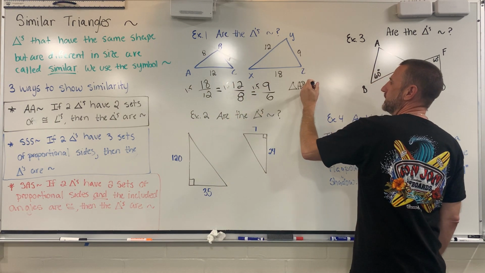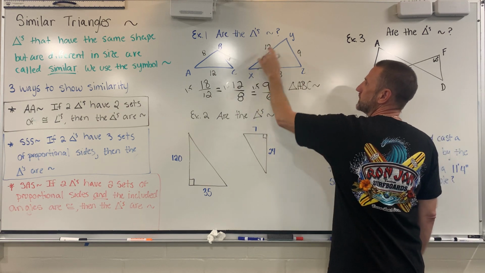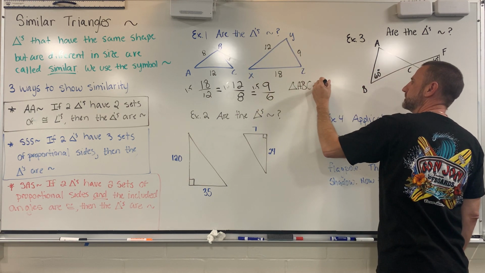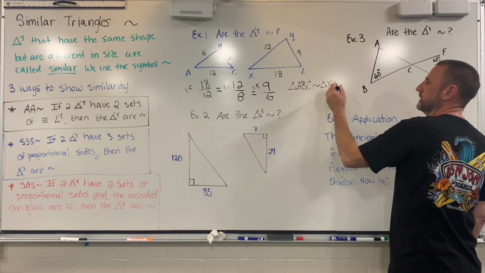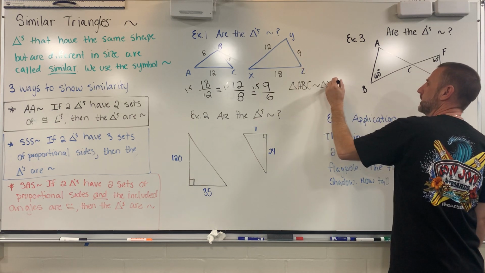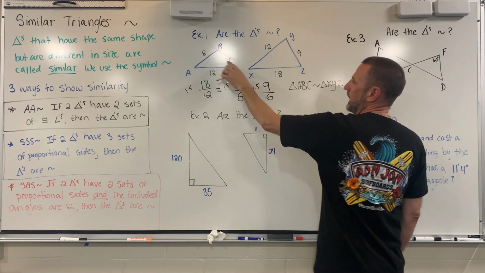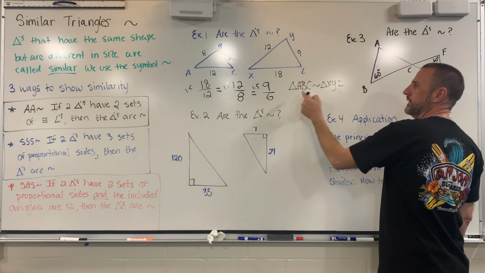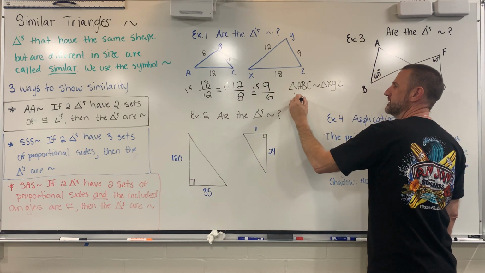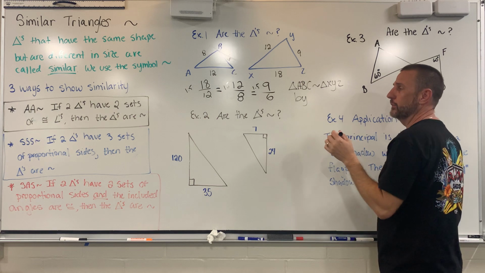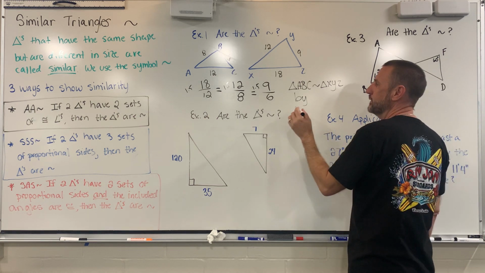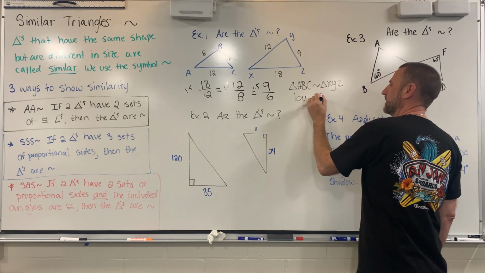So over here I need to go X to Y, and then from Y to Z. So now I can write a statement that these two are similar, and then I say what rule I used to determine them as similar, and I used side, side, side.